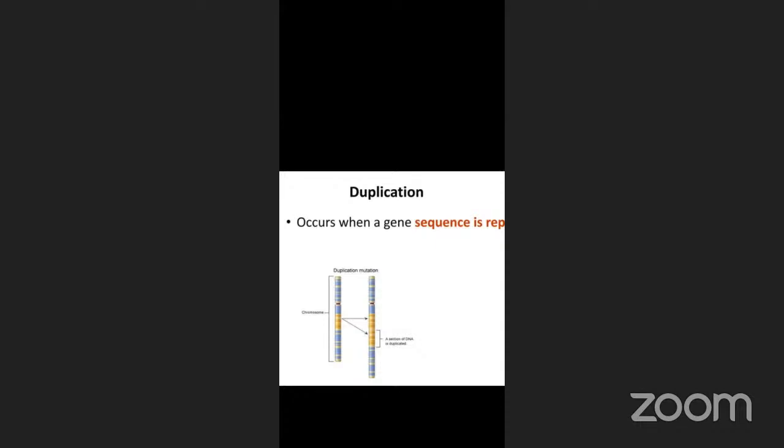In induced polyploidy, there are some agents applied to induce polyploidy: applying some chemicals, temperature shock, and causing mechanical injuries to tissues. Polyploidy can be induced.